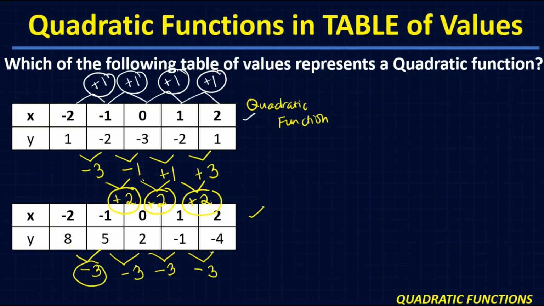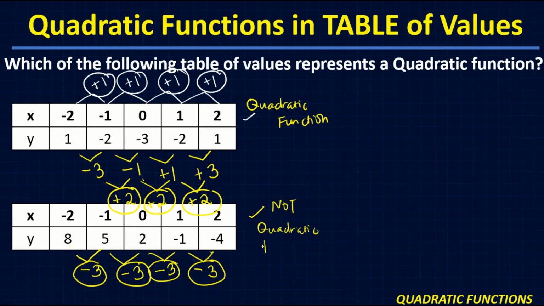As you can see, pare-parehas na yung differences ng y natin do sa first set. And kapag ganun ang nangyari, ibig sabihin yung given table natin is not quadratic function.